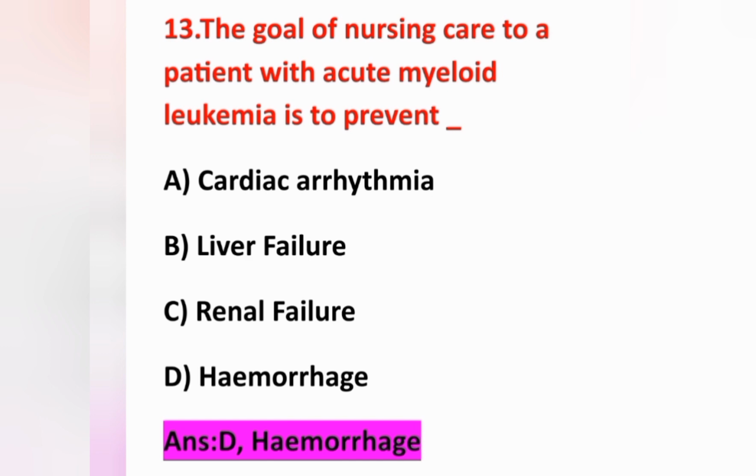The main nursing goal, first priority, is to prevent infection and hemorrhage. Next we focus on nutritional status of the patient, pain and discomfort, maintaining fluid and electrolyte balance, management of self-care, and managing the fear and anxiety of the patient. These are all the main nursing care for a patient with acute myeloid leukemia. Here the goal is to prevent hemorrhage.